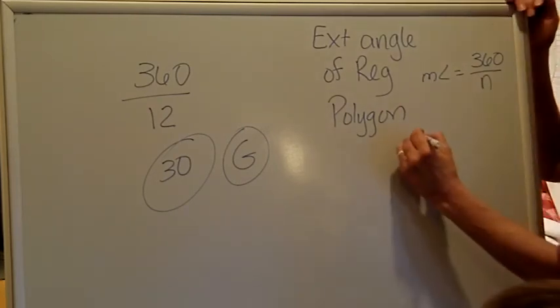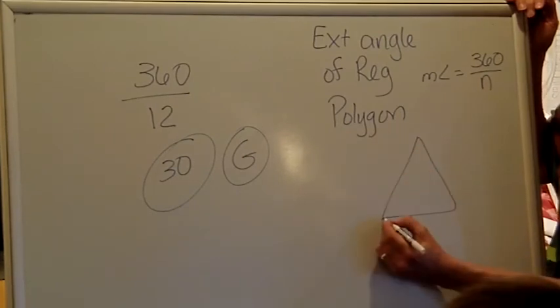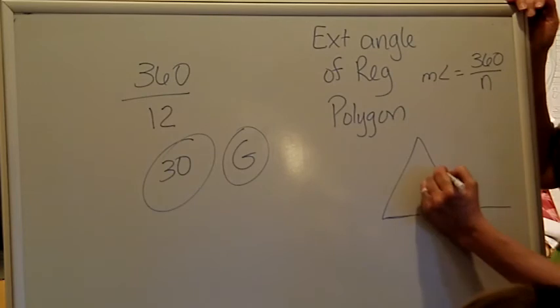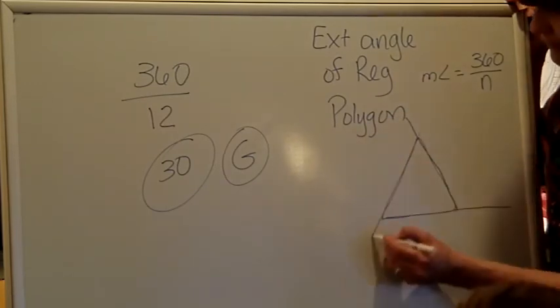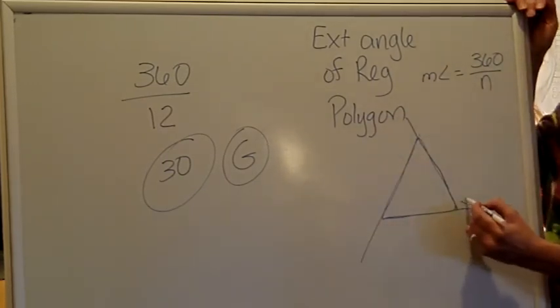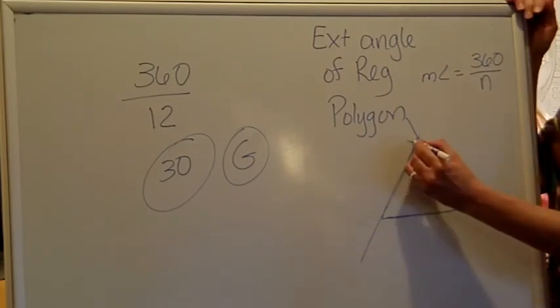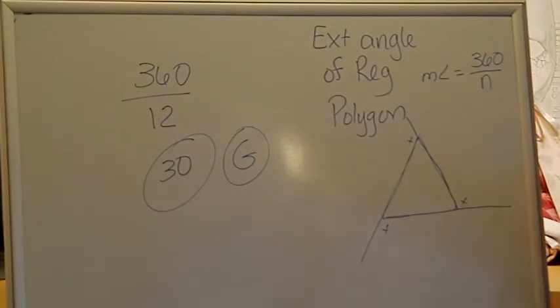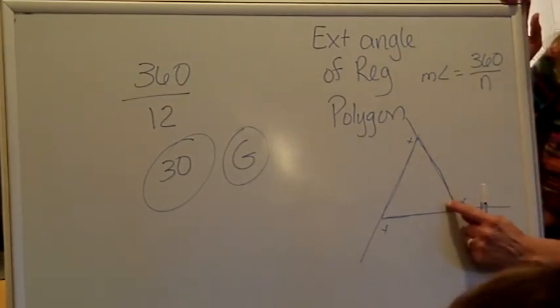On a polygon like a triangle, it's when you extend each side out in the same direction, this is external. There's external, there's external. So some of those should be 360. That means that'd be a 120-degree angle. But that makes sense because you know this one's 60 if it's equilateral.